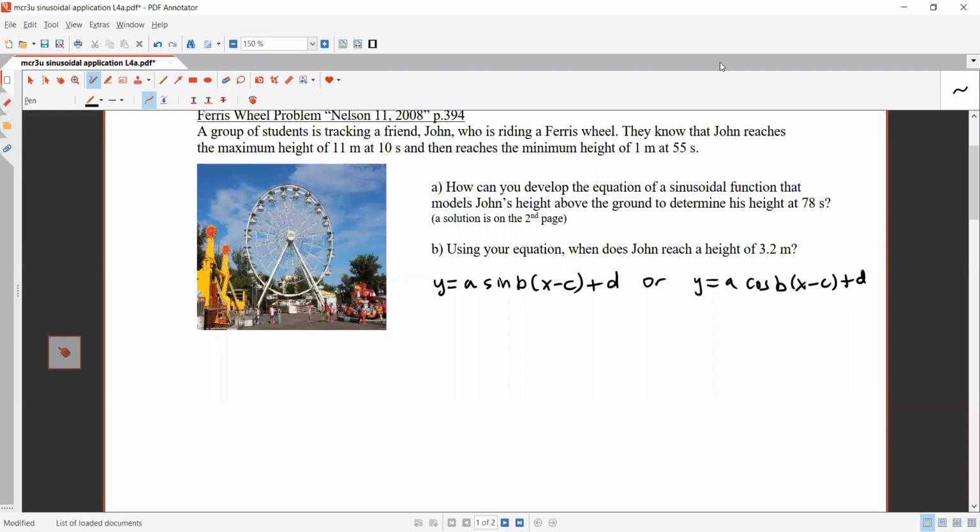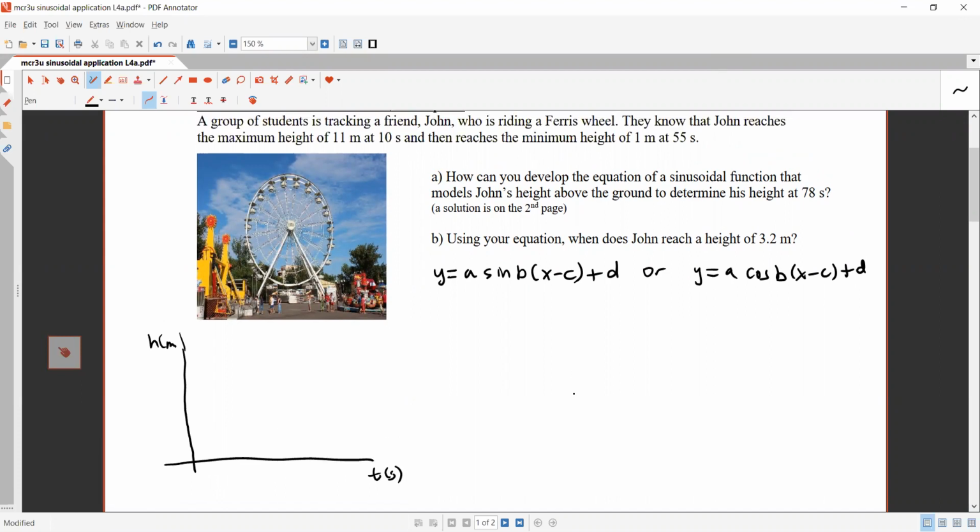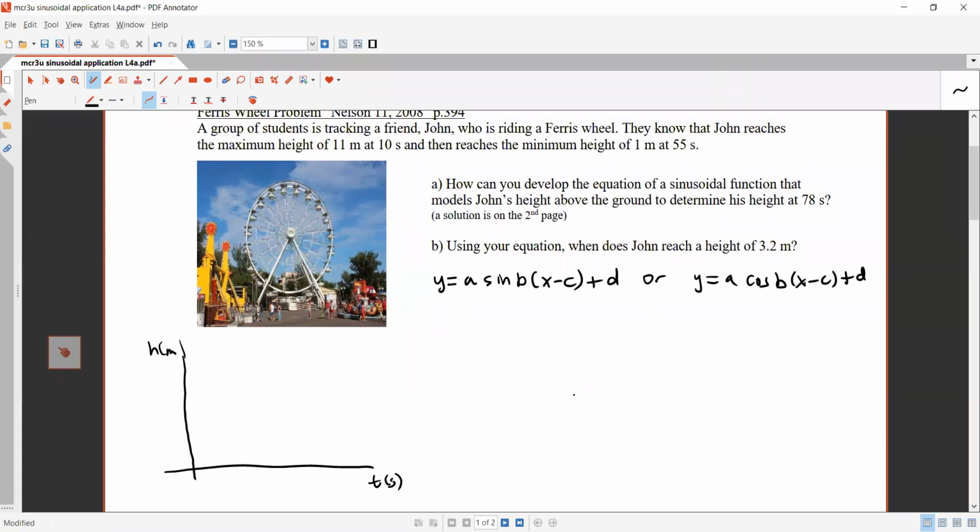So a sketch would be helpful, and let's draw it down here, where we have time on the x-axis and height in meters on the y-axis. The question says they know that John reaches the height of 11 meters at 10 seconds. We don't know where he's actually starting from, but we know 10 seconds.